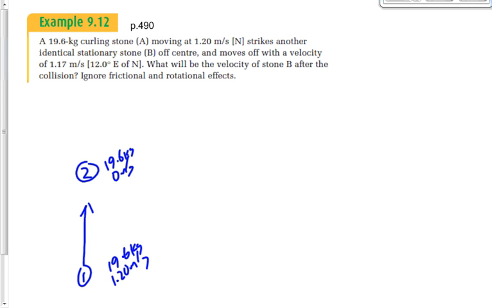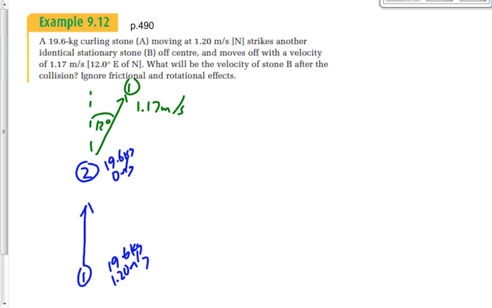That means that we can cause it to move one way, not just straight forward. We know that curling stone A moves off with a velocity east of north. Curling stone 1 goes this way, 12 degrees at a speed of 1.17 meters per second.